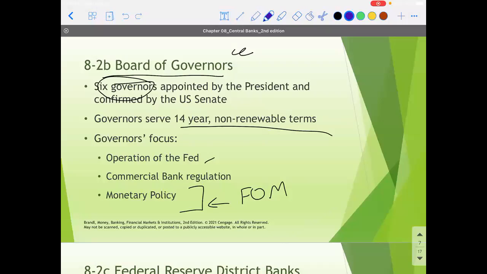They also regulate banks. Quietly, a change that was made about 3 or 4 months ago was called Regulation N. They dropped a regulation that basically distinguishes between savings accounts and checking accounts.